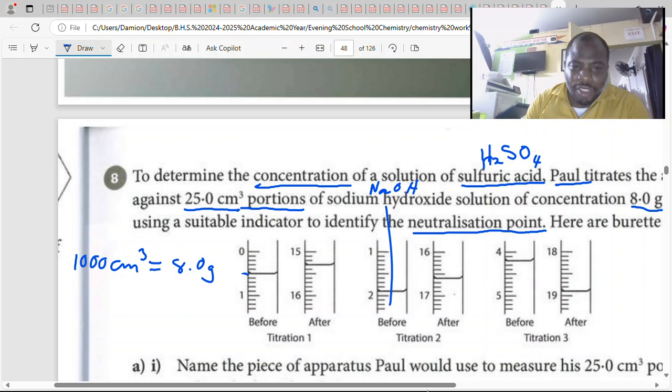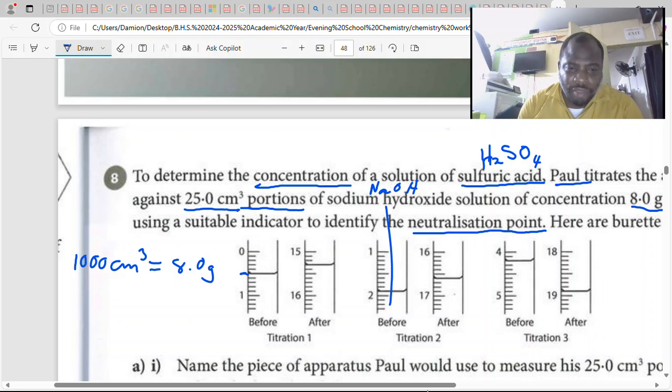So right here. And we said that we read the burette from the top. So 0 is here, so read in this direction. Okay. So 0 to 1, that direction. 0.5.